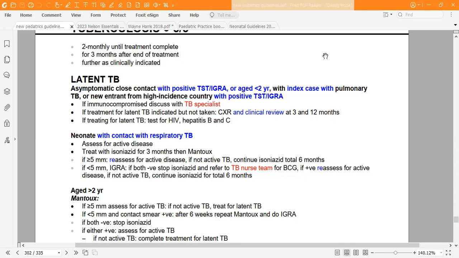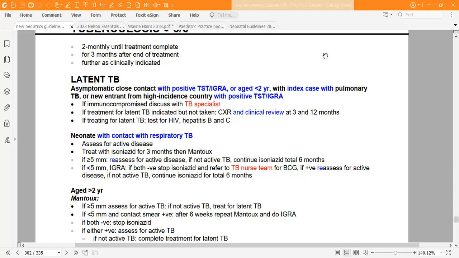If not active TB, continue isoniazid total 6 months. If less than 5 millimeter, I will do IGRA. If both negative, stop isoniazid and refer to TB nurse team for BCG. If positive, reassess for active disease. If not active TB, continue isoniazid for total 6 months. So that's for the neonate.